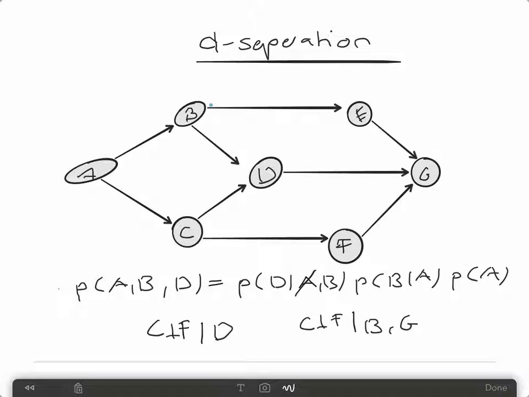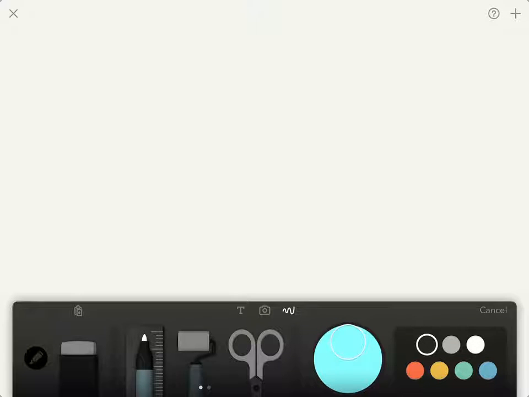Just some examples. Now this is what we call d-separation, and it can easily be answered with three basic rules. This algorithm was invented by Jordan in 2007, and I have it out of the book from Murphy.